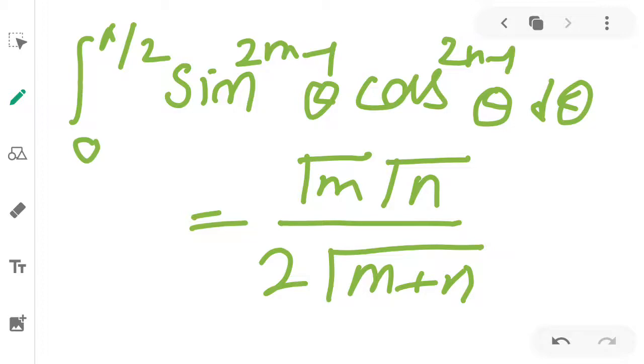Okay, I will use this result. This is called the Wallis formula also. Take this as equation 1.